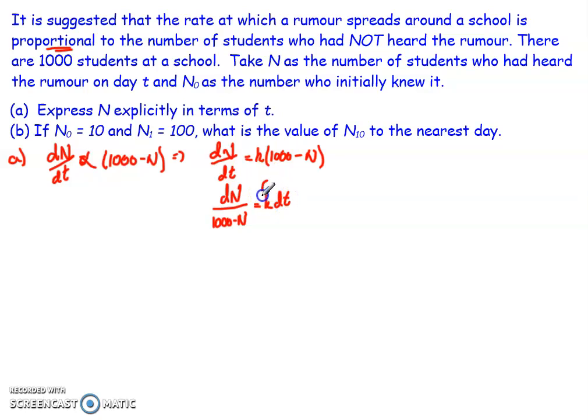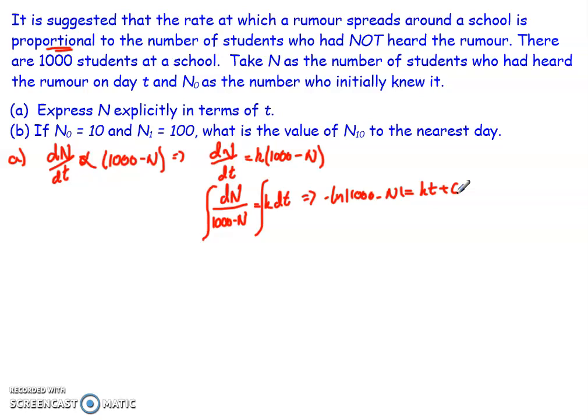And again, same as before, because I know those two sides are equal, if I integrate, I know that the solution will also be equal. So once I've integrated, negative ln of 1,000 minus N is equal to kt plus a constant c.